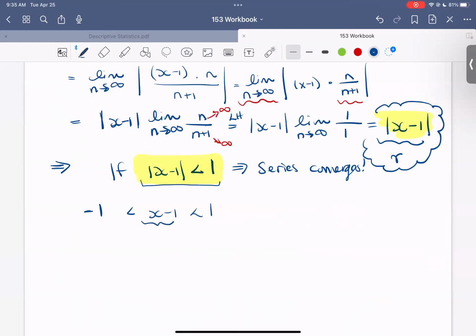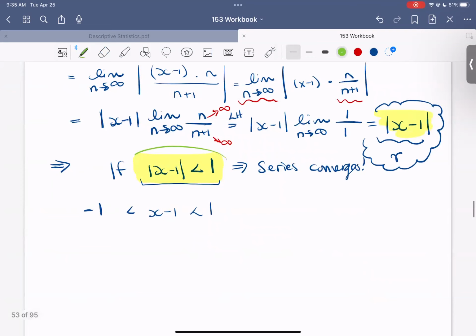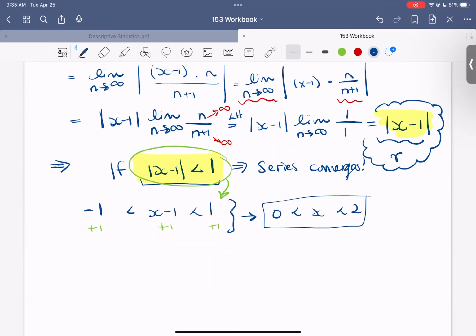Because if, say, x minus 1 was like negative 1.5, then the absolute value would be 1.5, which is bigger than 1. So we get this same interval from that absolute value inequality. Then we can add 1 everywhere, and this gives us that 0 is less than x is less than 2, which is that first interval that we saw in part A also.